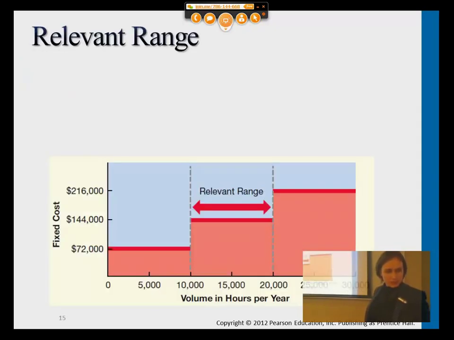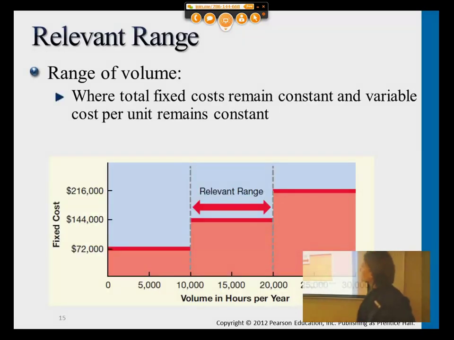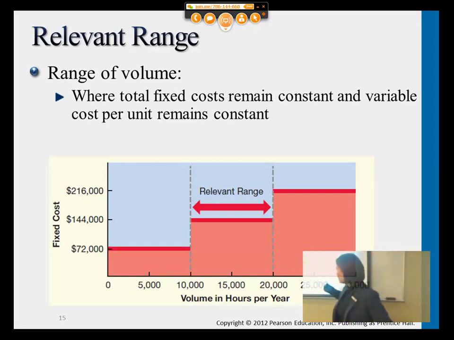All right, so let's see. You remember how we just discussed that sometimes not all costs are relevant, and we need to understand when the fixed cost or the variable cost is within the relevant range. So the relevant range is letting you know that if my production, let's say volume in hours per year, is between 10,000 and 20,000, I'm within my relevant range, and my costs are what I calculated, or what I know.